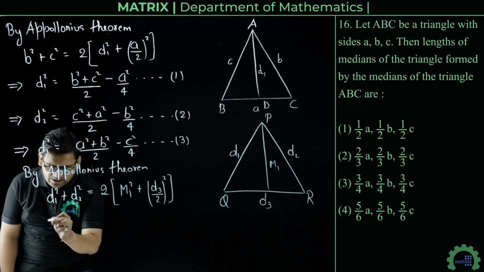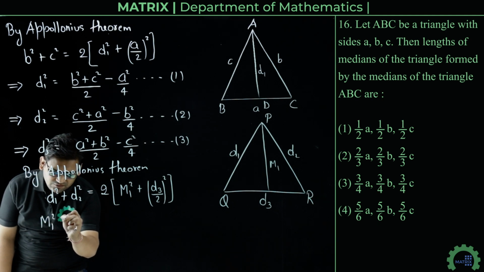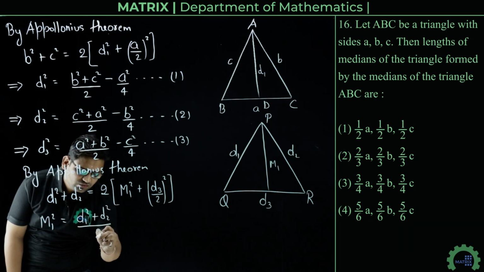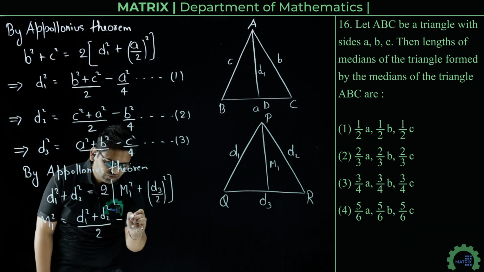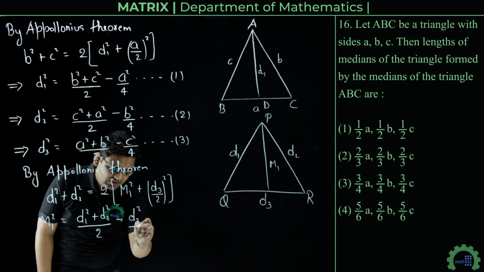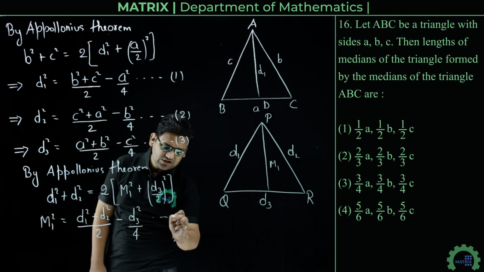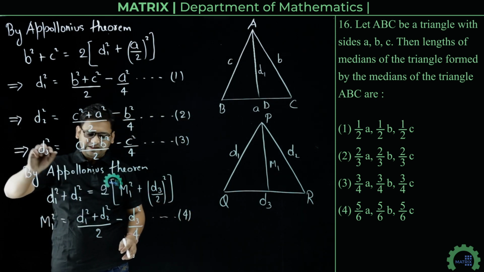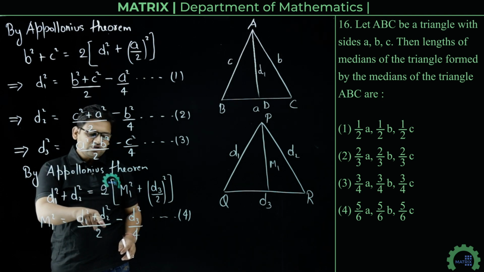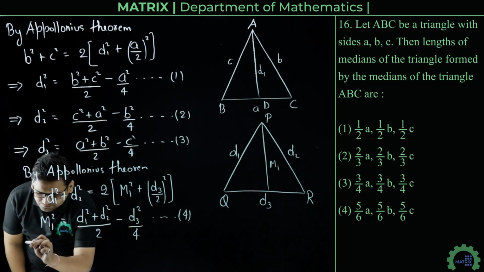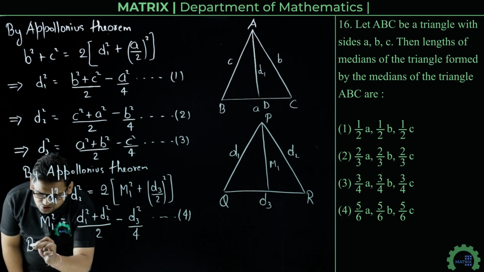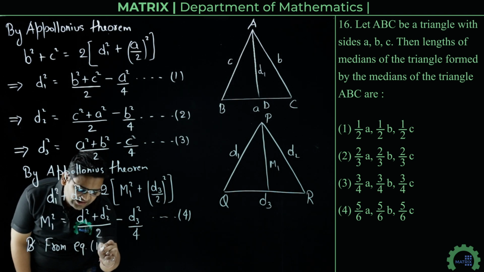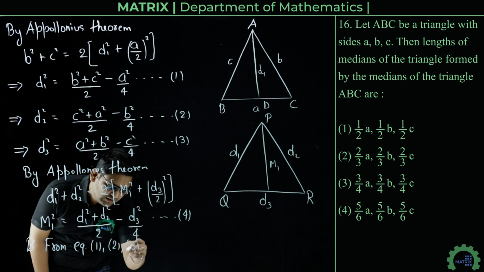So from here we can write m1 square will be equal to d1 square plus d2 square by 2 minus d3 square by 4. Let's say this is equation number 4. Now on substituting the values of d1, d2 and d3 from equations 1, 2 and 3 in equation 4, so we can write from equation first, second, third and fourth.